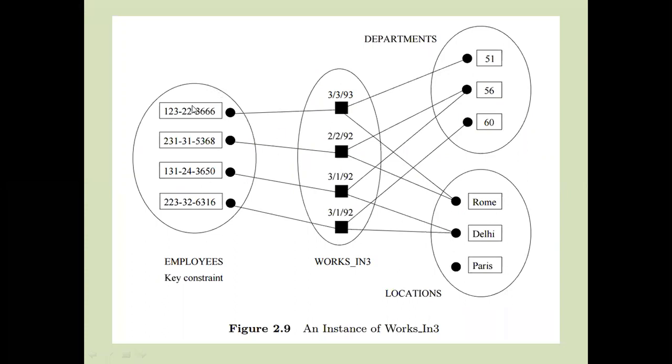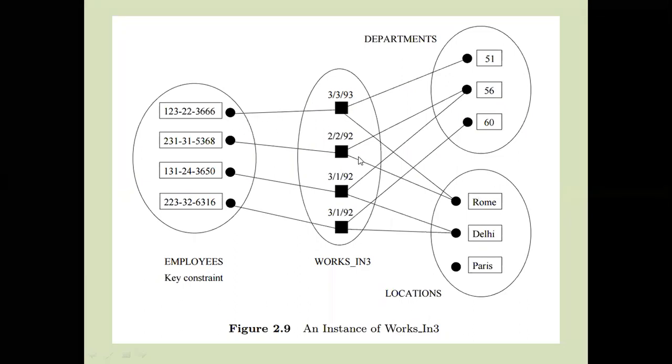So this employee 3666 works in the 51 department from 3393 in Rome. In the same way, another employee works in the 56 department, from 2292, and his location is Rome. So maybe the same person is using another location.